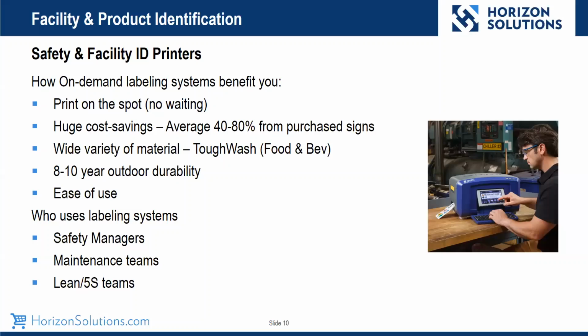It's also metal detectable, which is very important in case it happens to get into whatever food and beverage you're manufacturing. Our materials are very durable, with an 8 to 10 year outdoor durability with some of our vinyls. And as I had spoken about, Daniel's in just a moment is going to give this live demonstration. Our printers are very easy to use.